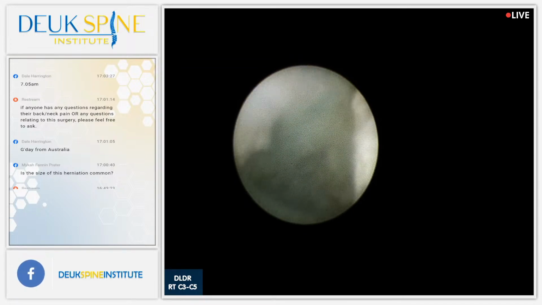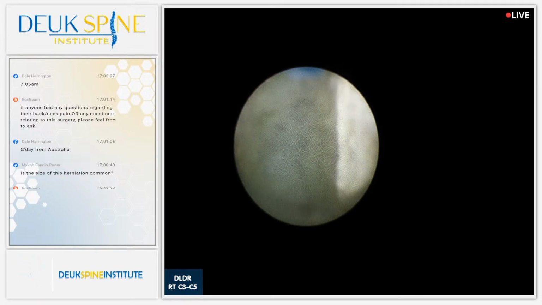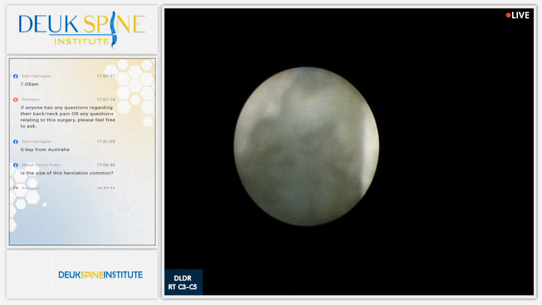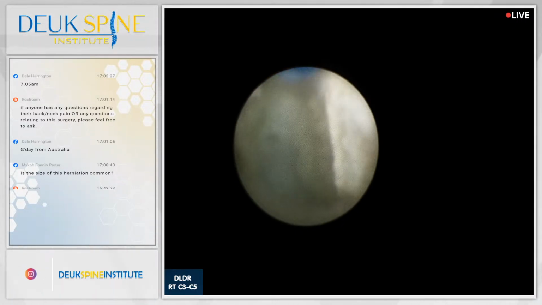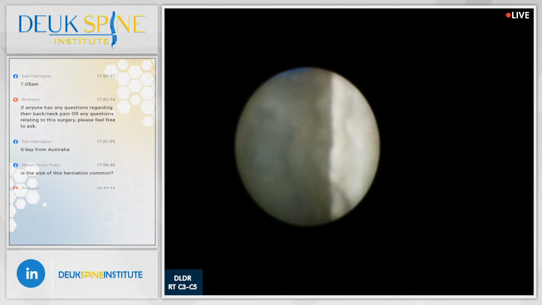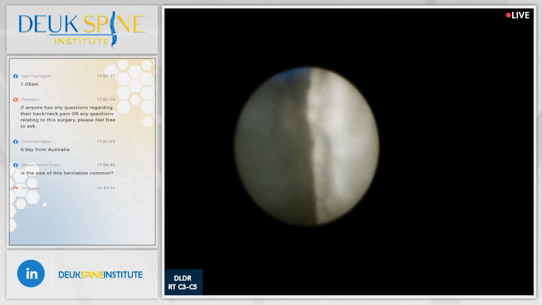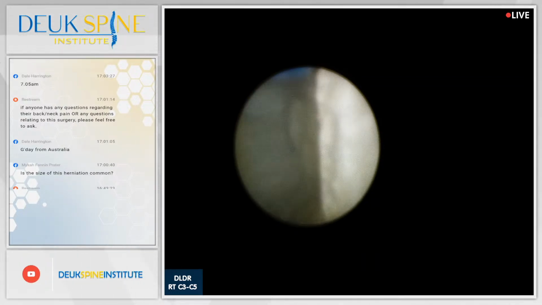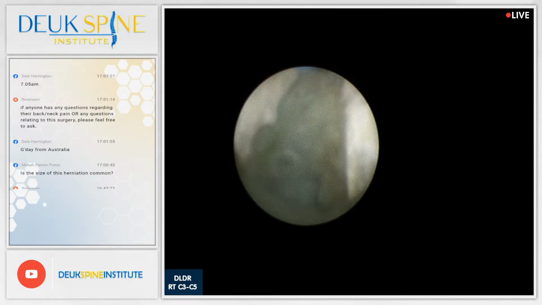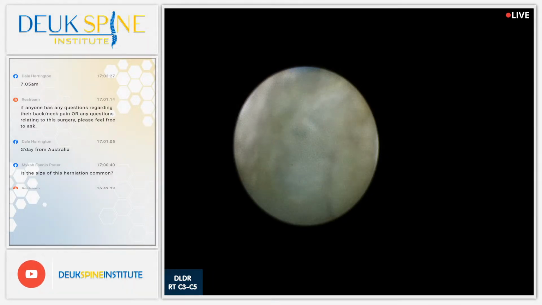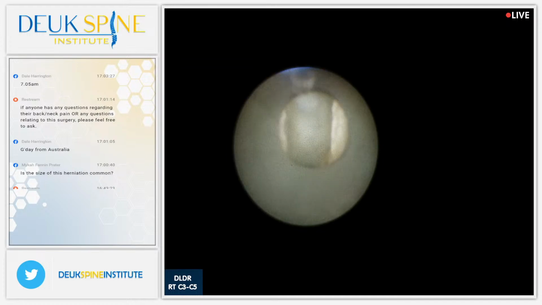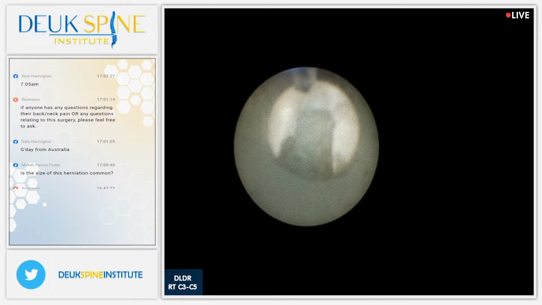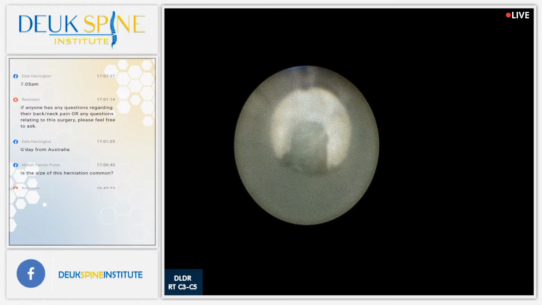So he's not going to get metal. And hopefully this surgery will fix everything so he doesn't need metal. I think that's a herniation there. It's not all herniation, but some of it. We're basically looking from one side of the disc to the other.